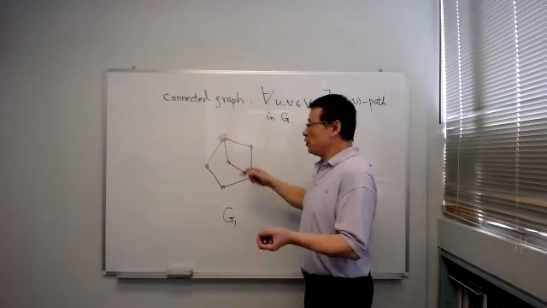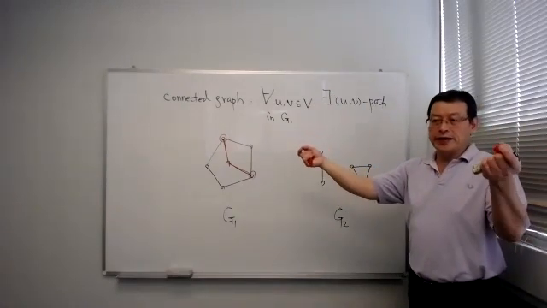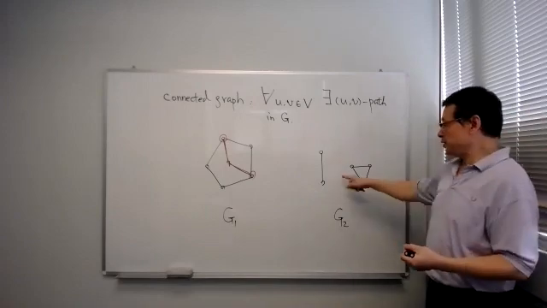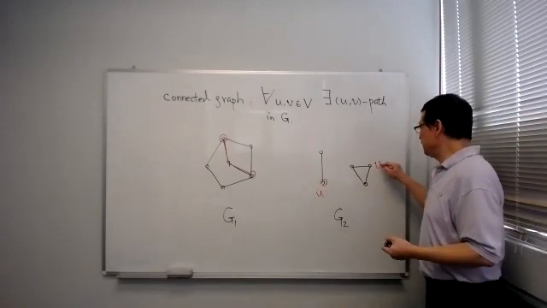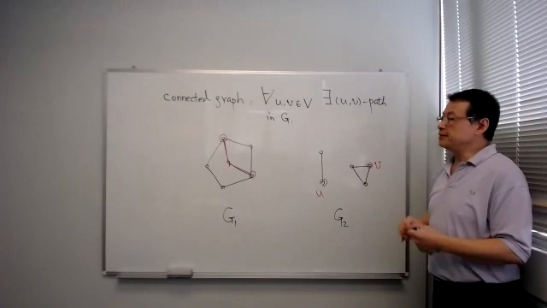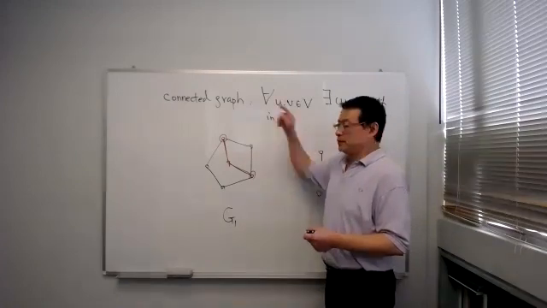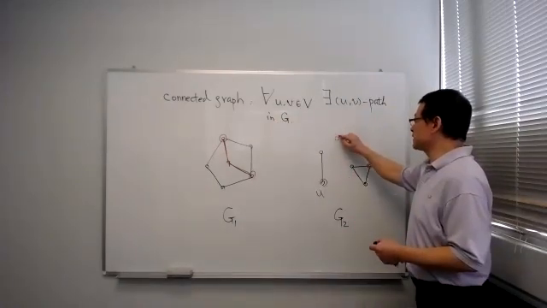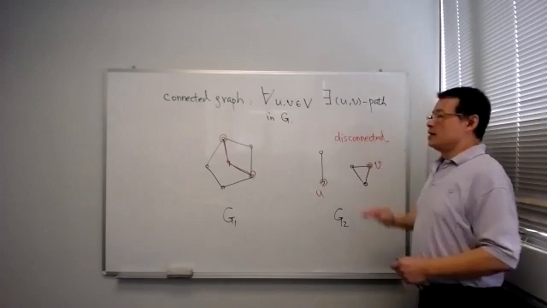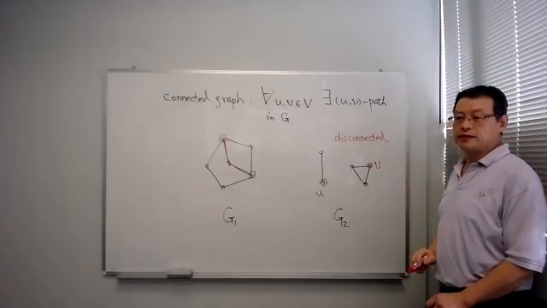So we can always reach from one vertex to another. This means the graph is connected. But this one is not. If U is here, V is here, there's no way I can reach from U to V by following a path. So that's a major difference between the connected graph and the disconnected graph. So this is the definition of a connected graph. Otherwise, the graph is disconnected. All right. So that's a connected graph, and this one is a disconnected graph.